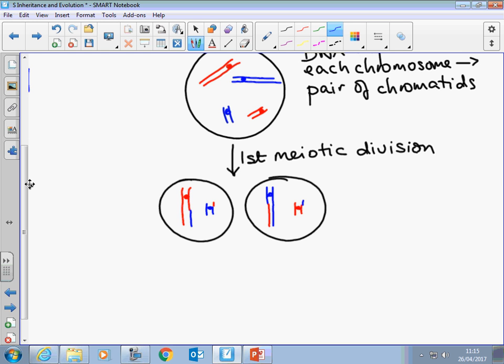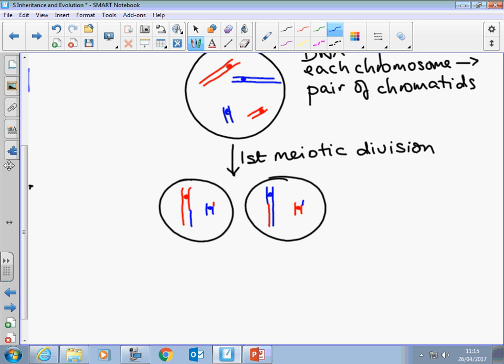So each of those cells produced at the end of the first meiotic division has 2 copies of each chromosome, but we wouldn't describe these cells as being diploid, because you could have no crossing over, in which case you'd have 2 copies of the long red, 2 copies of the short blue, whatever. So these are not viable cells. They're almost like double haploid, but that's not a term, that doesn't happen.